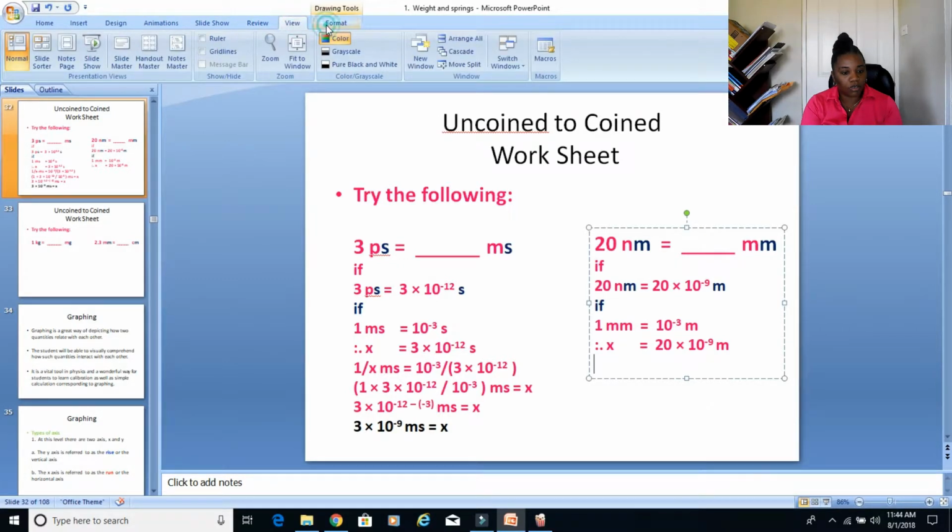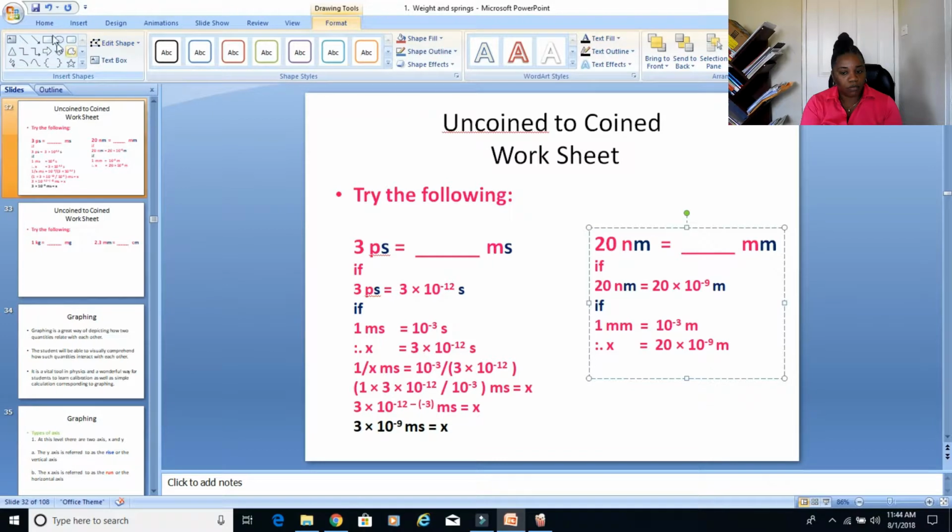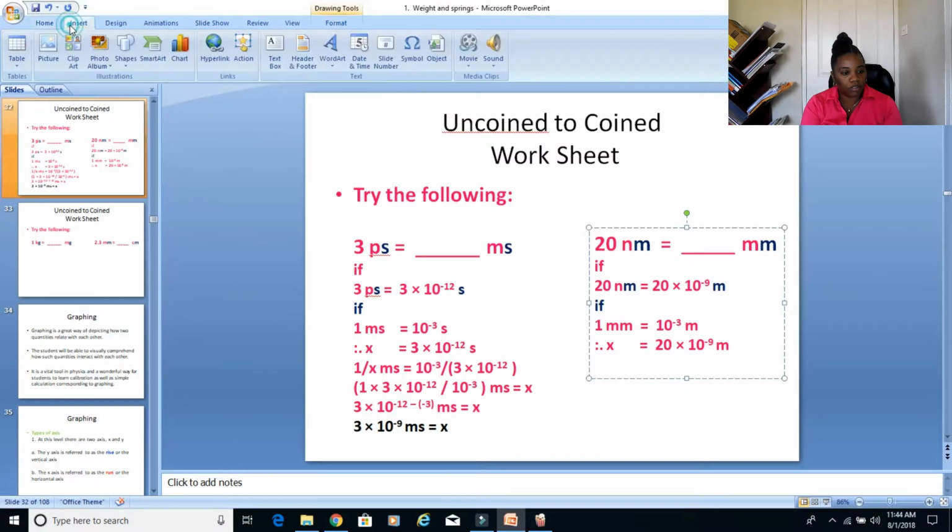One day I'm going to upgrade, but for now I'm going to have to just deal with the old days. I'll find it one day. They still have symbol. So we're going to have to stick with the normal 1 over x.